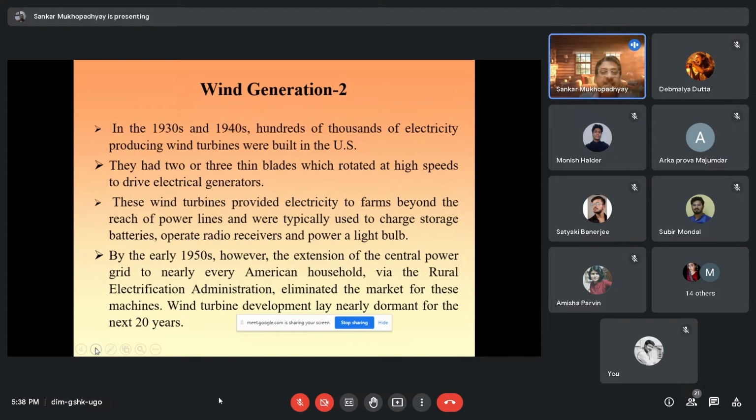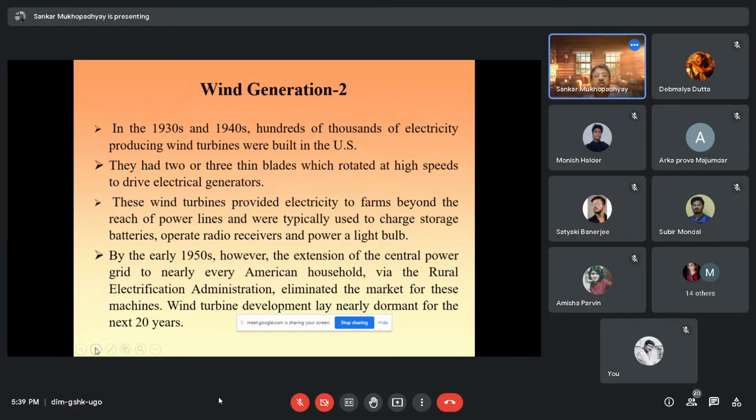In 1930 and 1940, hundreds of thousands of electricity producing wind turbines were built in the US. Now, when people could understand that wind speed can also generate electricity, the wind turbines were made. So in 1930 to 1940, in the US, a large number of wind turbines were made and installed.